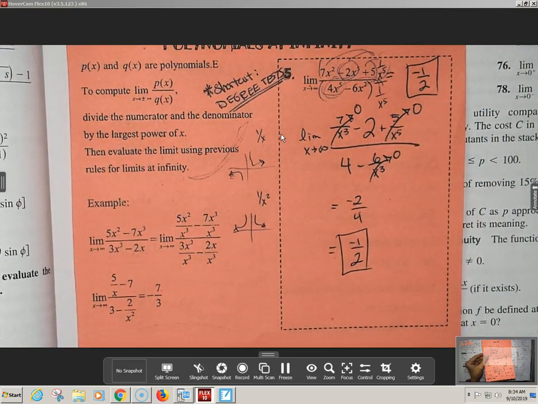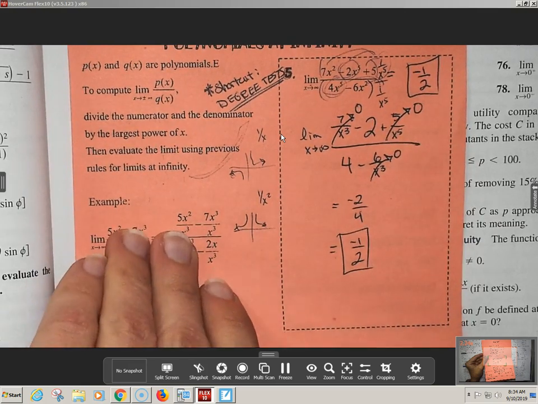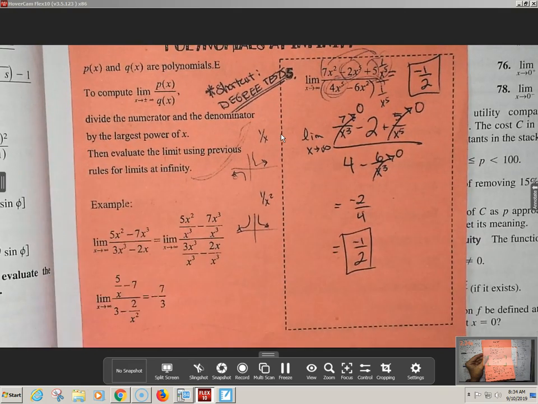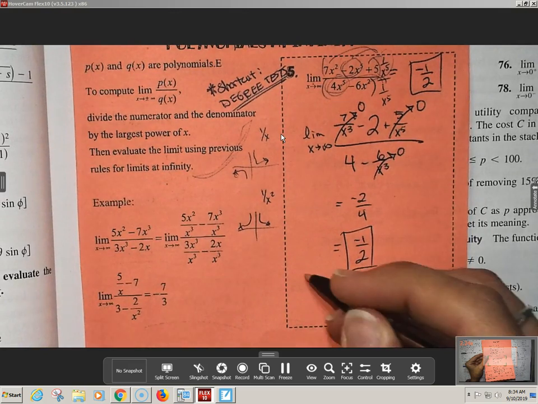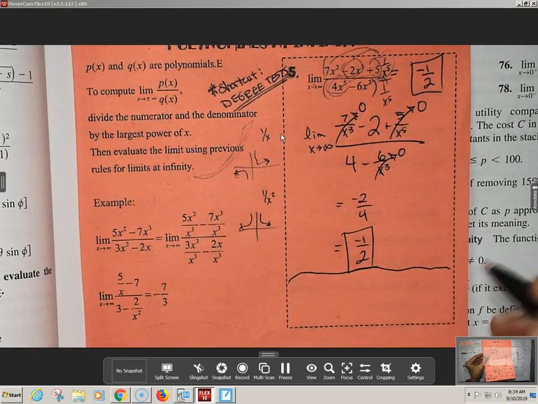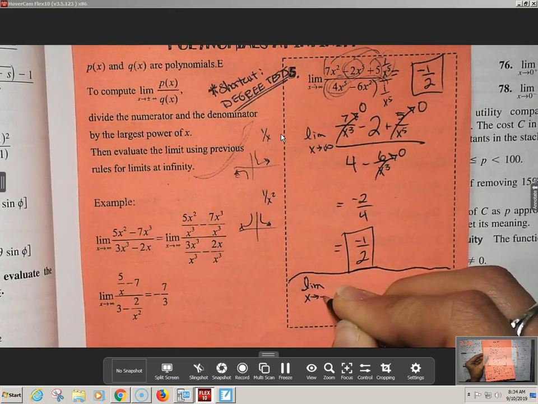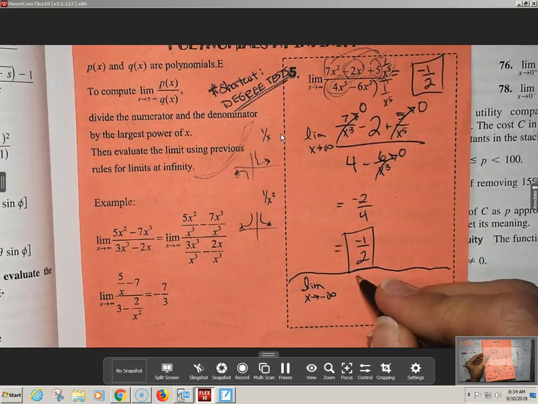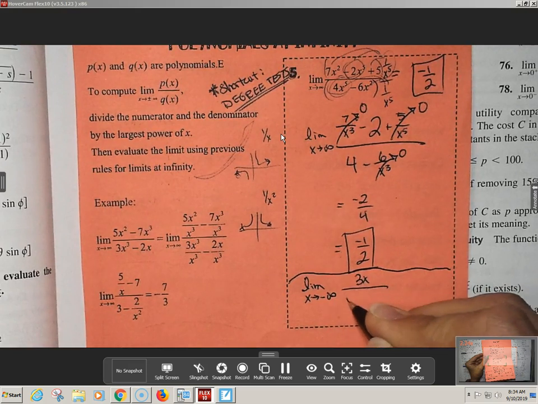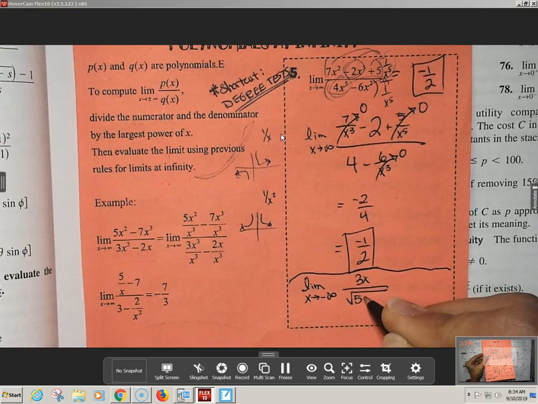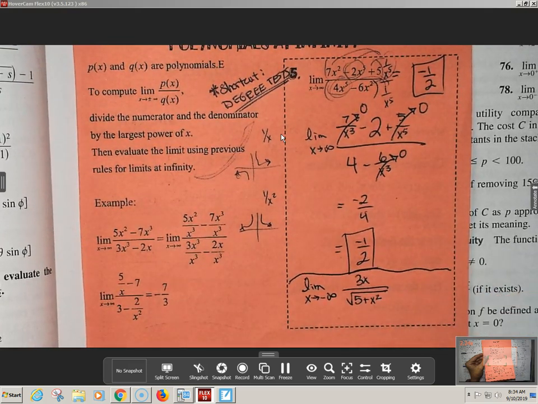But when does this get tricky? When does this get tricky? This would get tricky if you were to have something like the limit as x goes to negative infinity of 3x over the square root of 5 plus x squared.